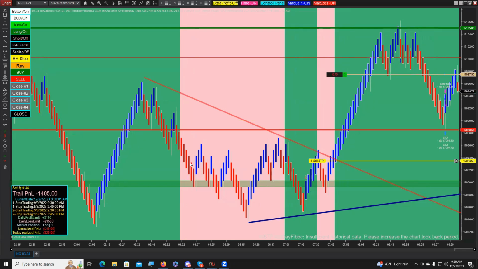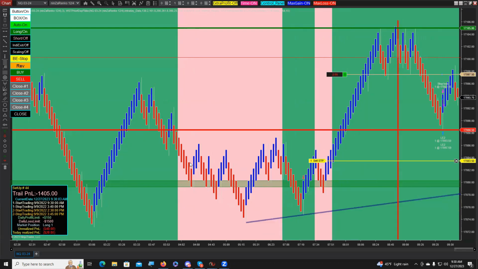Here is a nice long trade. Take a look at where the stop is, below a pivot. That is important.